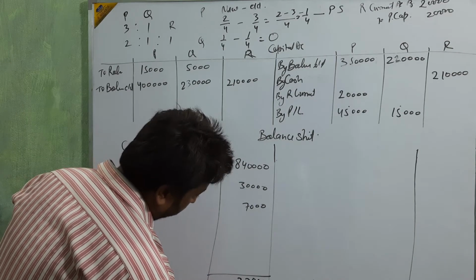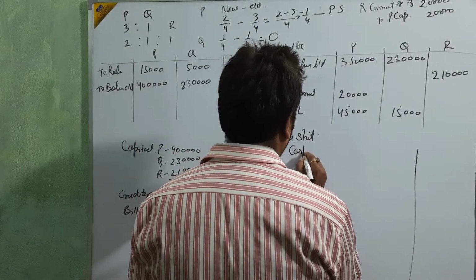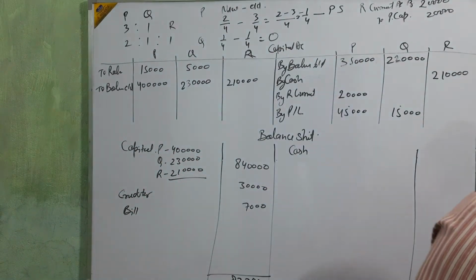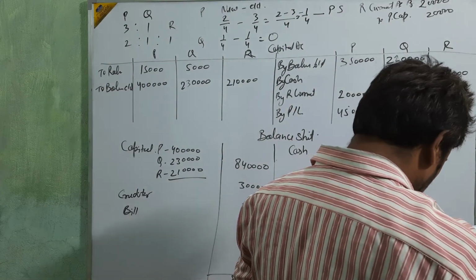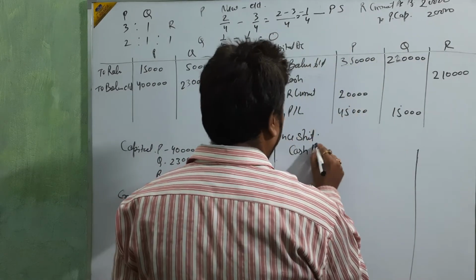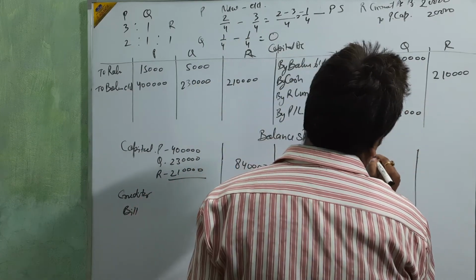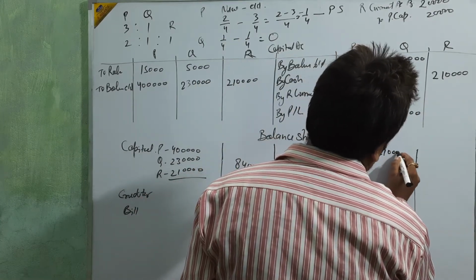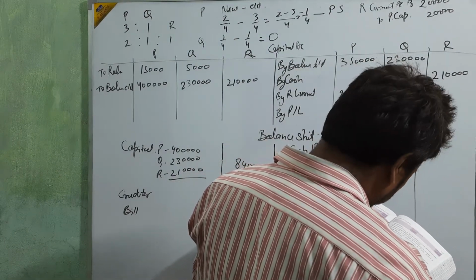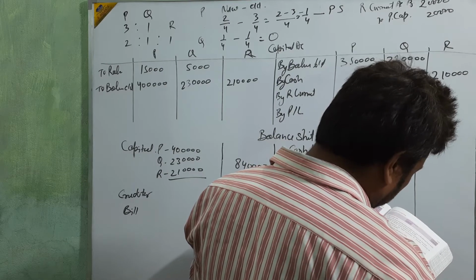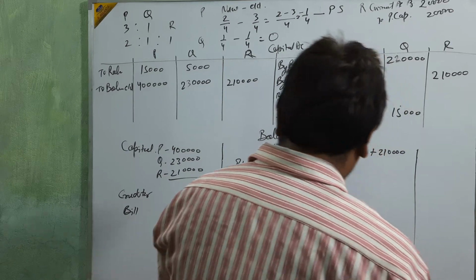Total is 8,77,000. Here again cash. The cash amount is 15,000, cash or bank, and 2,10,000, because the proportion is the share of profit in the firm. Then next, debtors.